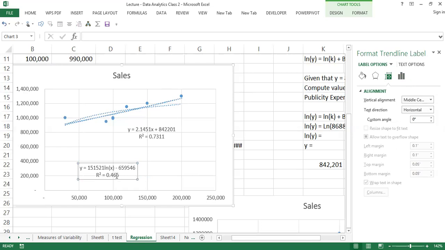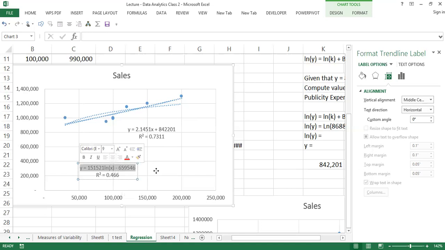Of course, the R square here is very low, so we don't need to use this at all. But logarithmic is used when the value of x grows very rapidly compared to y. That's when we use the logarithmic. That's why the natural log function is used to reduce the x so that it doesn't grow too rapidly, thereby converting it to a linear form.